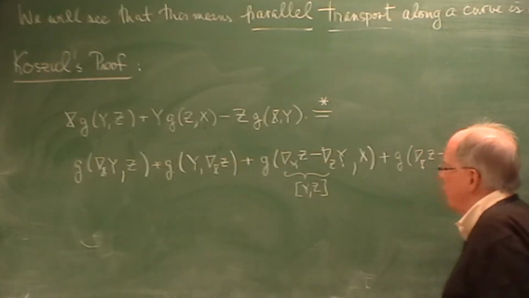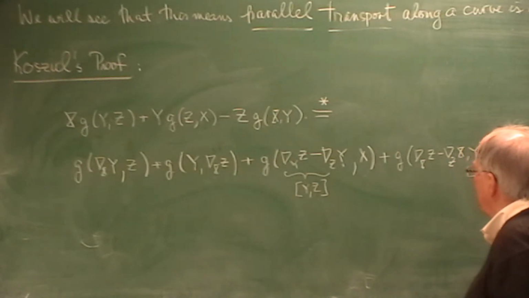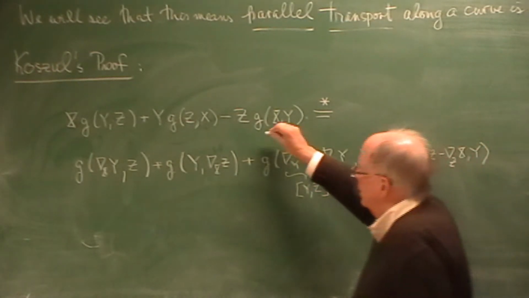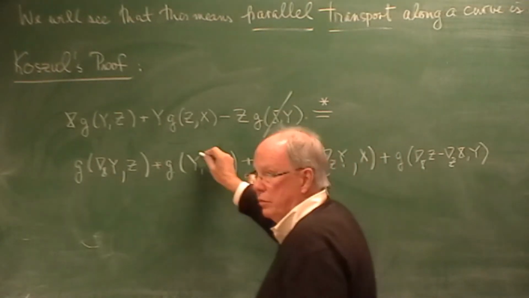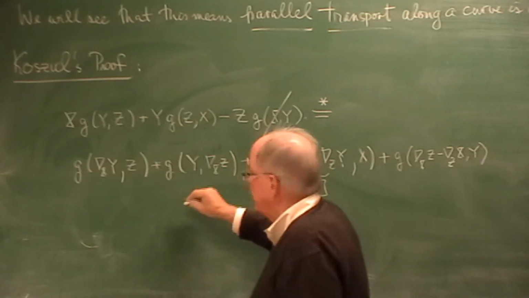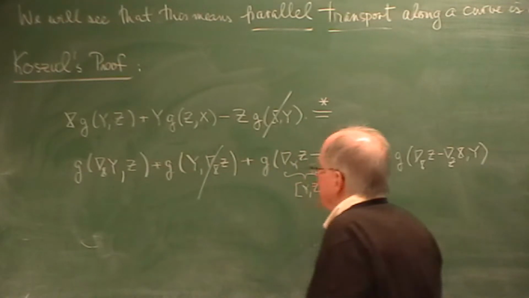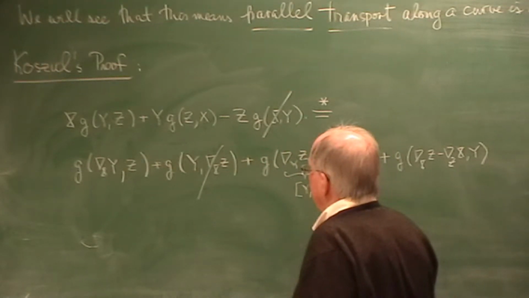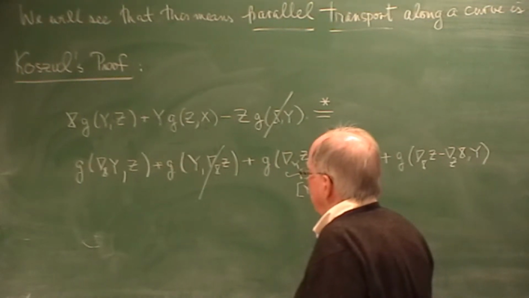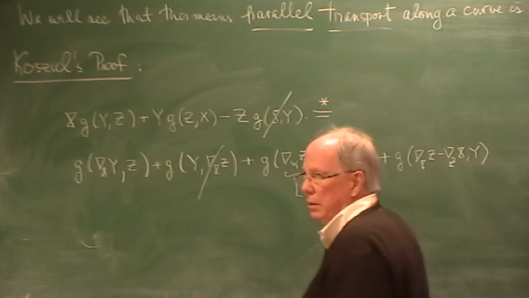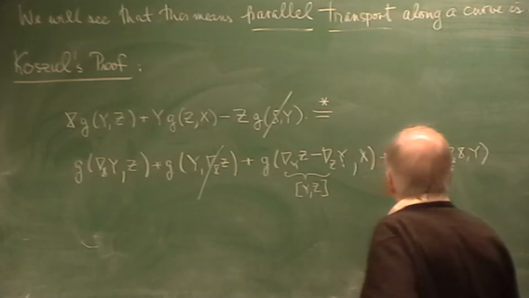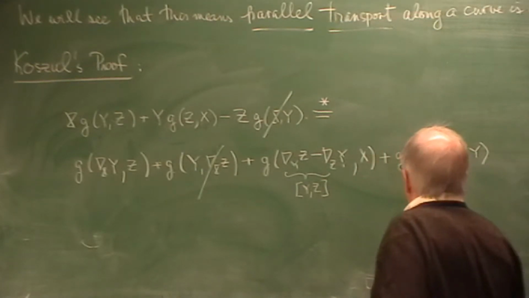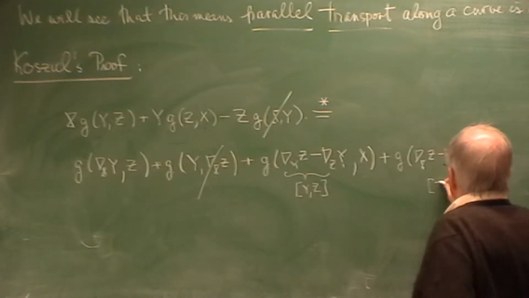Have I dealt with all terms? So this term has been dealt with, because you just told me how to do it. Anything else? Have I forgotten anything? This term is now ZX.